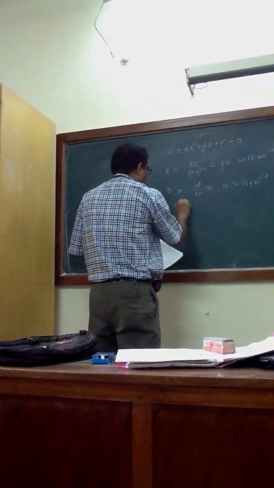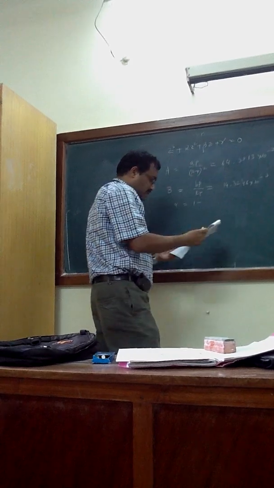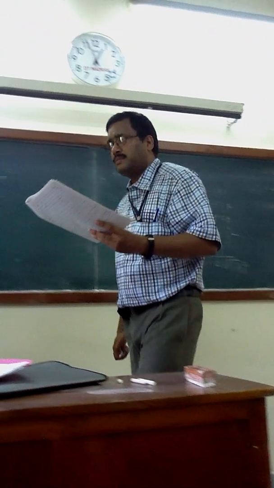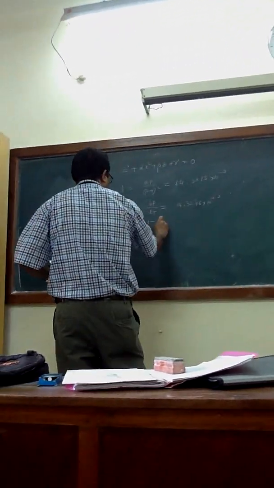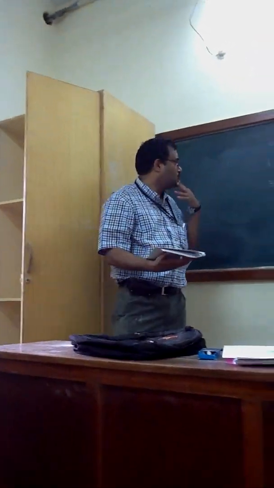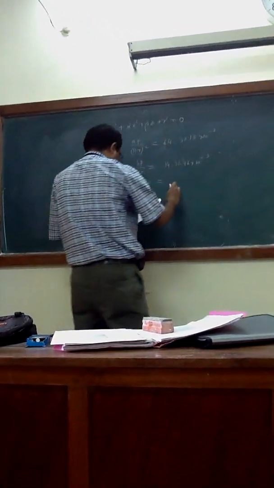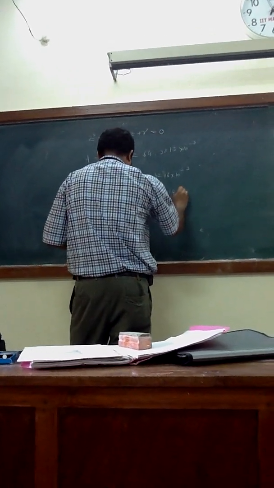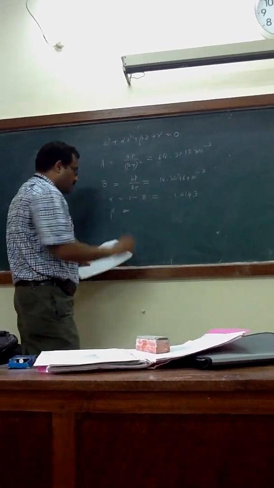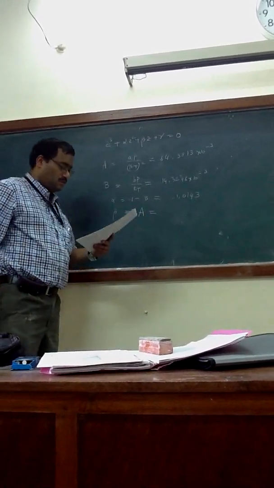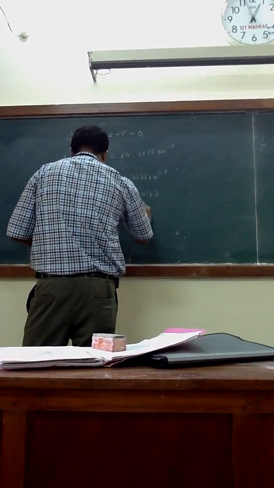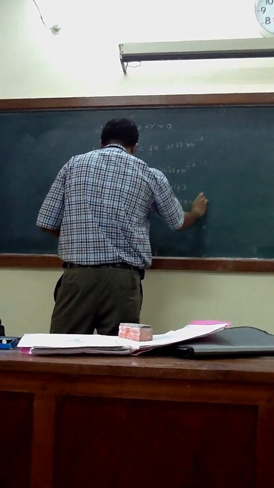Alpha, how much should it be for this case? Alpha equals to, for Van-der-Waals, the table is with you, minus 1. How much is alpha? Minus 1.0143. Beta equals to capital A, means 64.3813 into 10 to the power minus 3.